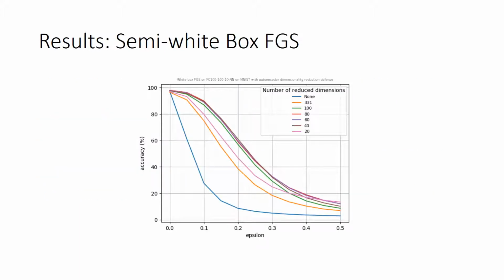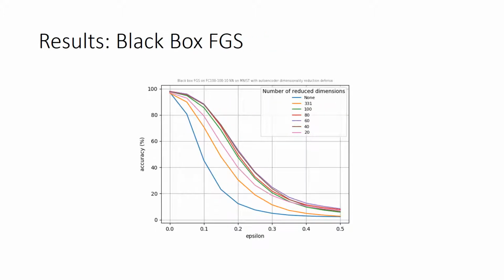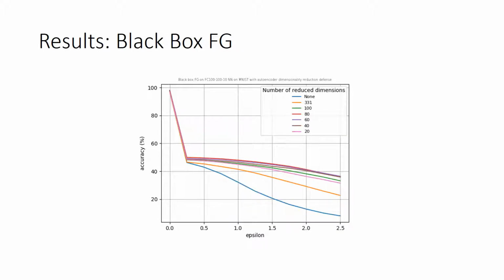Results. It turns out that the dimensionality reduction technique using autoencoders significantly reduced the decrease in accuracy caused by the adversarial perturbations. That is, it brought the accuracy up by quite a bit. I have plots for all the four cases, that is semi-white box fast gradient sign, semi-white box fast gradient, black box fast gradient sign, and black box fast gradient.